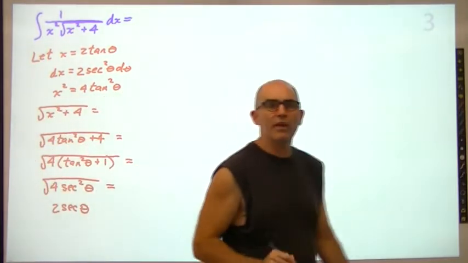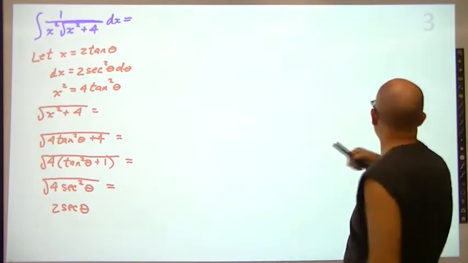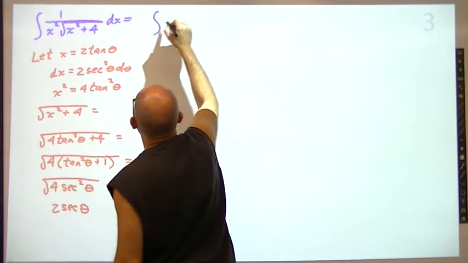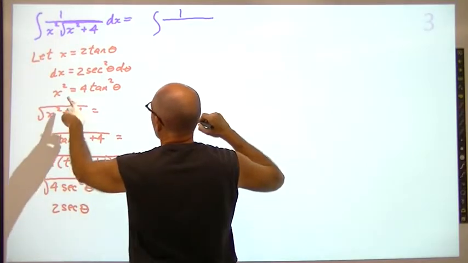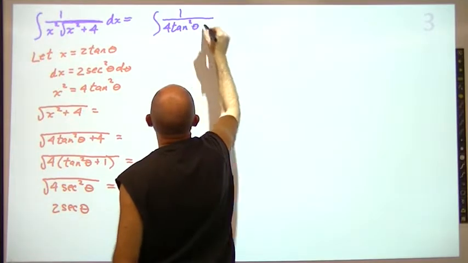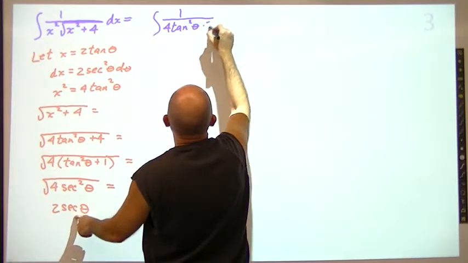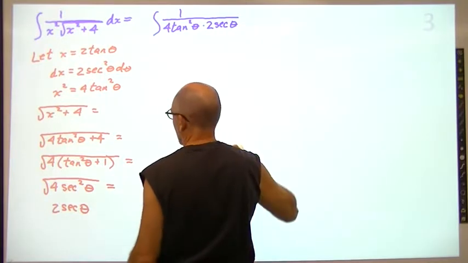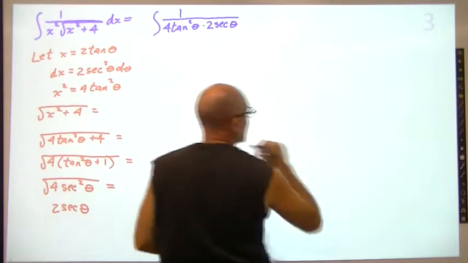All right, so once again, we've completed all of our trig substitutions for each piece here in this integral. So my integral is going to become the integral of 1 over x squared, which is 4 tangent squared theta, times the radical, times the dx, so we'll just put our dx up on top.